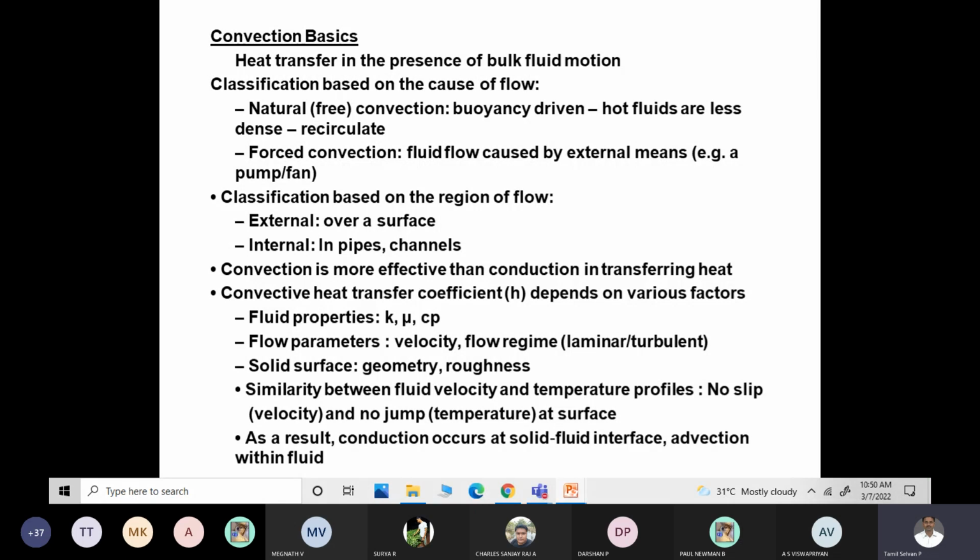Convection is more effective in transferring heat when compared to conduction, and again it depends upon the convective heat transfer coefficient.